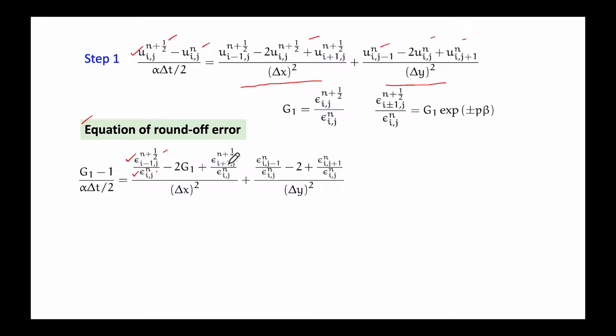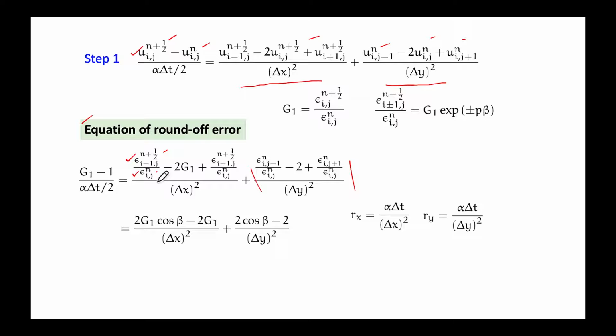This goes with the first term, which is at n plus half times the time step, and here is the second term. In the second term I have everything at n, so epsilon_ij^n, epsilon_(i,j-1)^n, epsilon_ij^n, epsilon_(i,j+1)^n here.